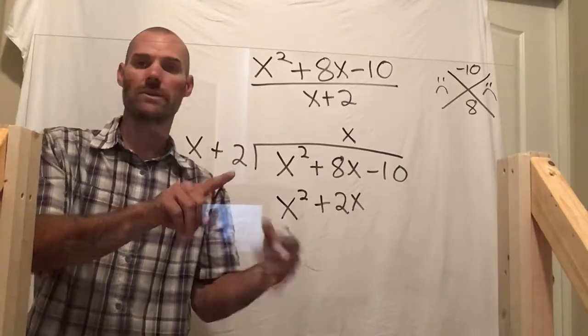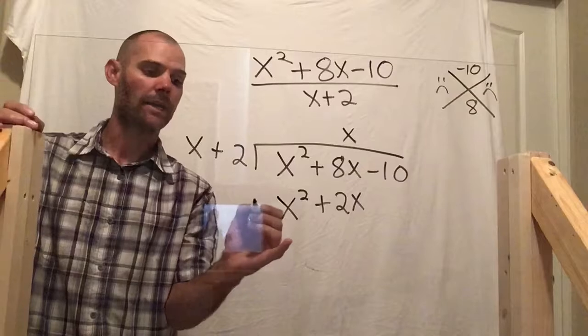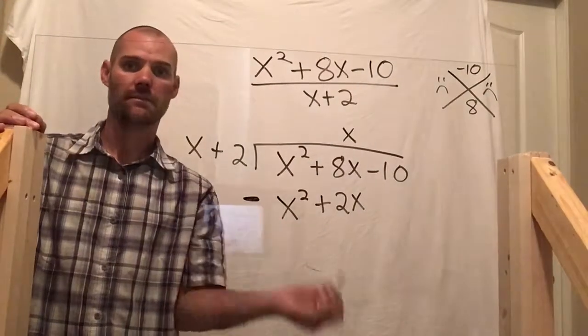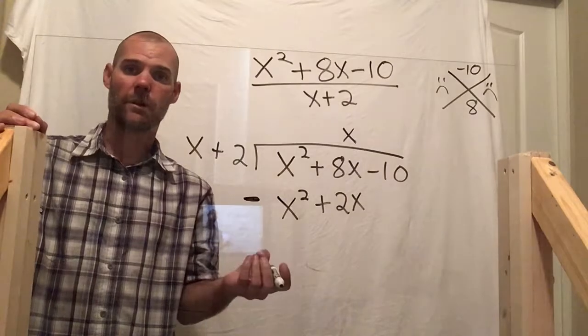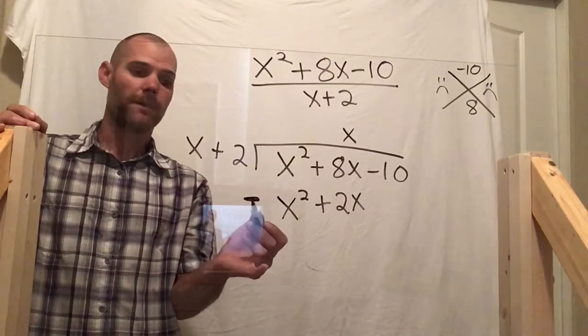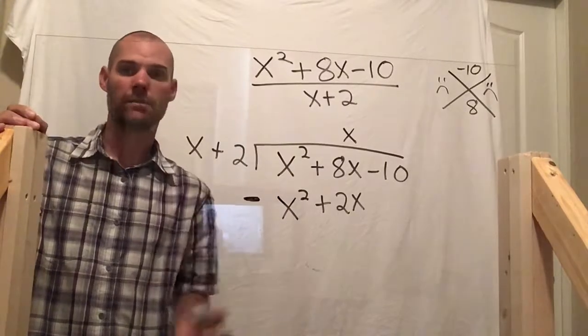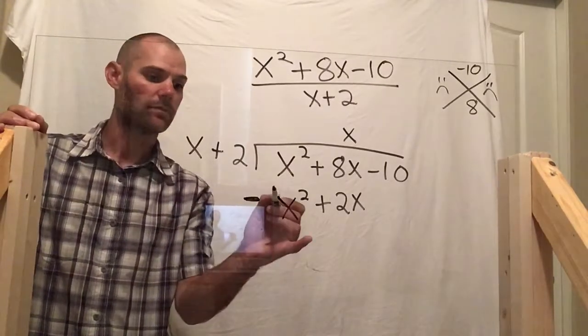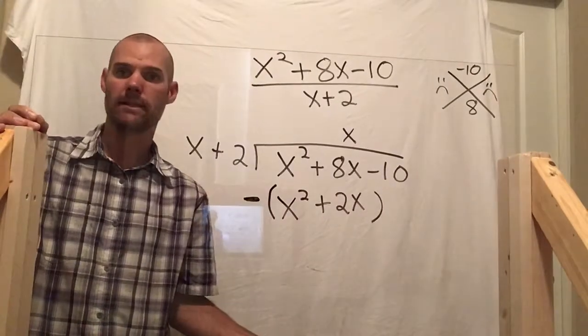Remember, in the previous long division problem with regular numbers, I had to subtract. Here is where it gets trickier with polynomials: if I just leave it like this, I'm only subtracting the x squared, but not the plus 2x. So I have to subtract everything and use those parentheses.